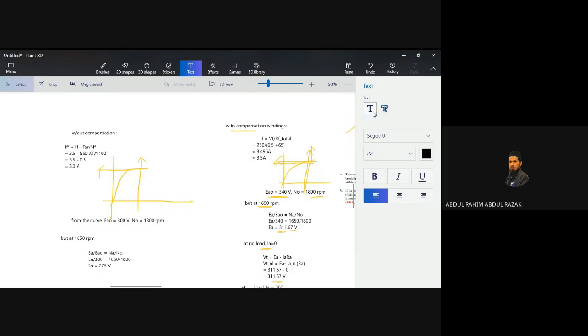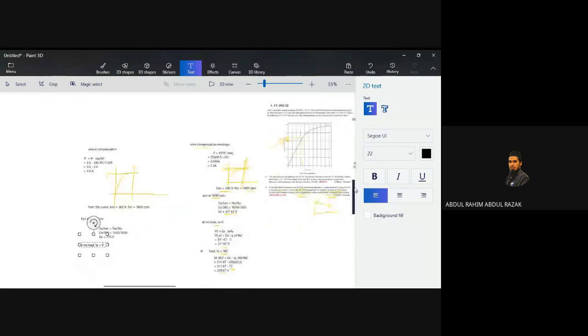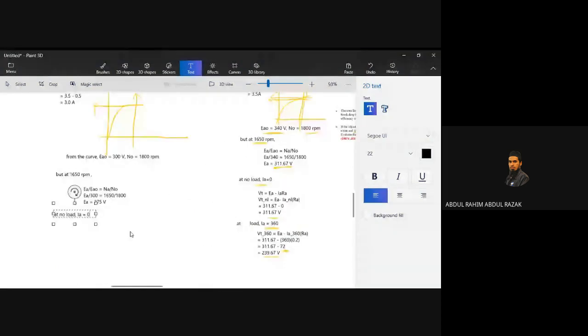And so you consider again, now at no load condition. So your IA is now 0. At no load, your IA is 0.